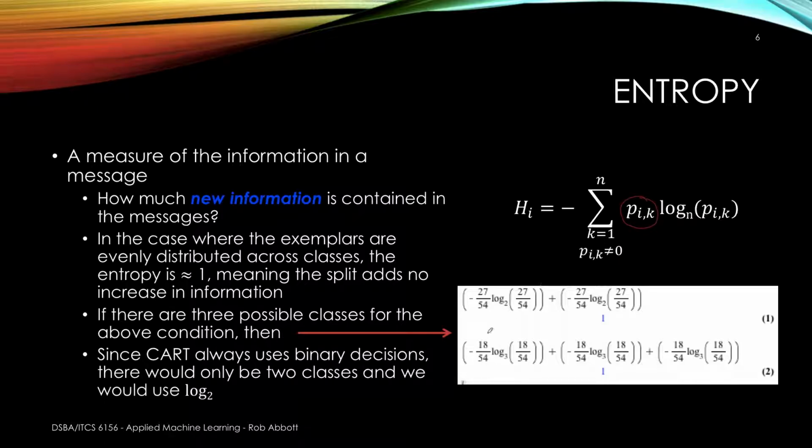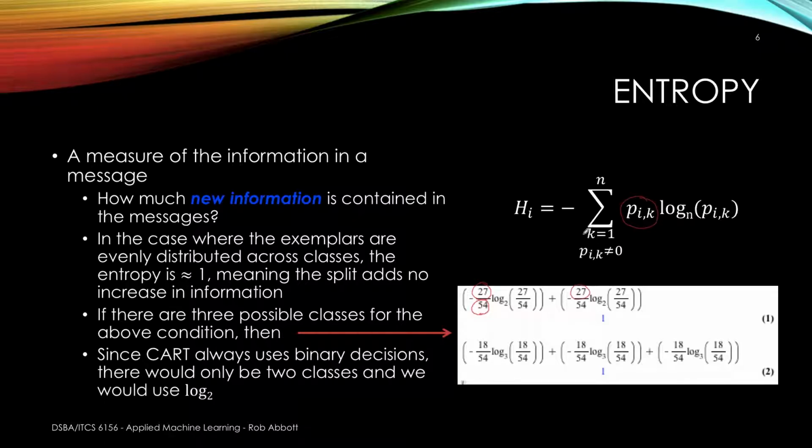So in our example down here, if we have 54 members in our sample and we have 27 in class 1 and 27 in class 2, those are equal.